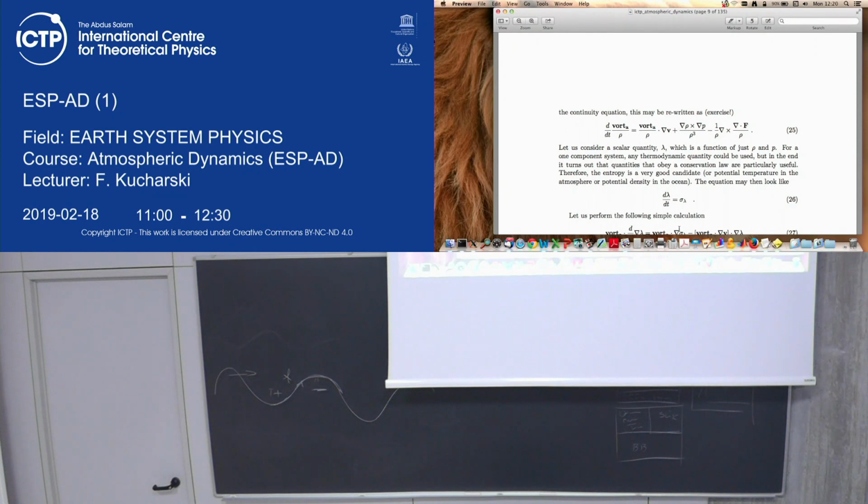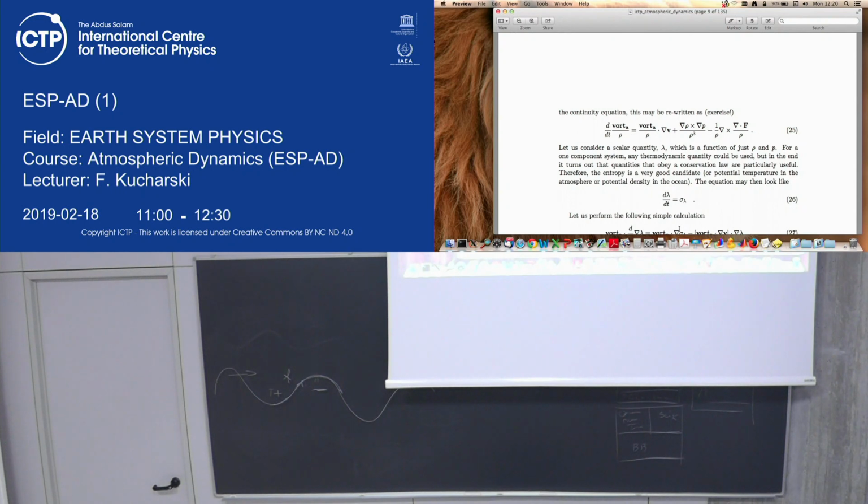So that could be temperature, potential temperature, entropy, whatever you want. It turns out that in the end, you have to pick the thermodynamic quantity that fulfills some particular law, but for the time being, you could take any thermodynamic quantity.